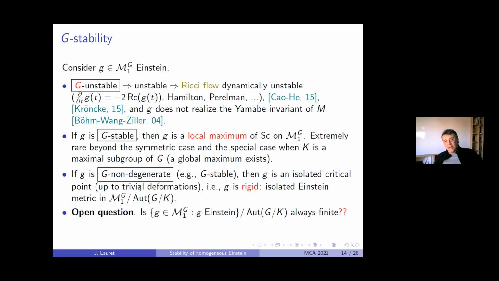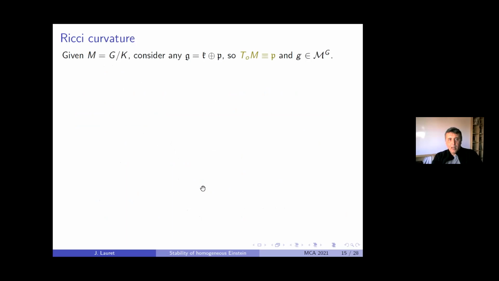But by computing explicitly, for many cases there are only finitely many. Okay, but there is no general result. Yes. Thank you. We will see some examples in a minute. For large families of homogeneous spaces, it is finite.